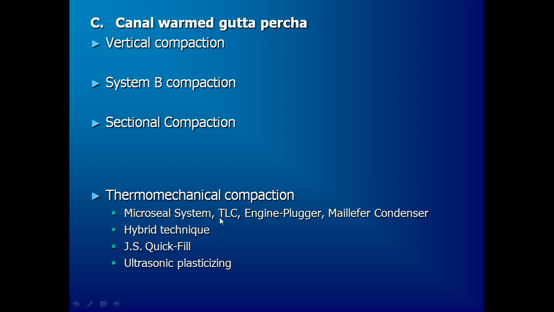As you know, when one rotating instrument comes in contact with the surface, then friction is produced, and along with it heat is produced. So this heat will plasticize the GP within the root canal. That is the technique used in thermomechanical compaction.